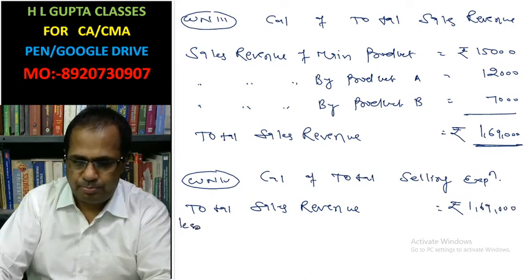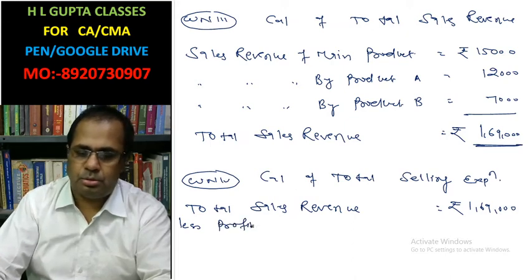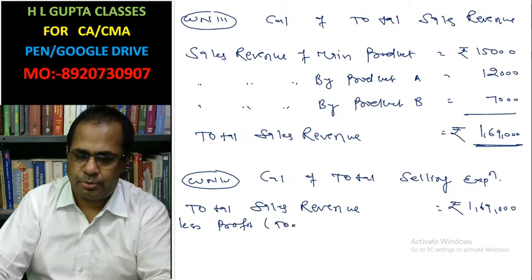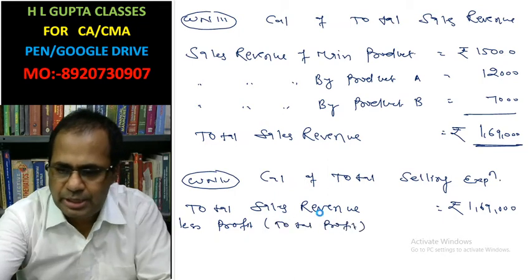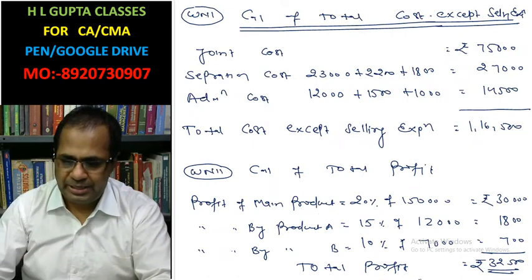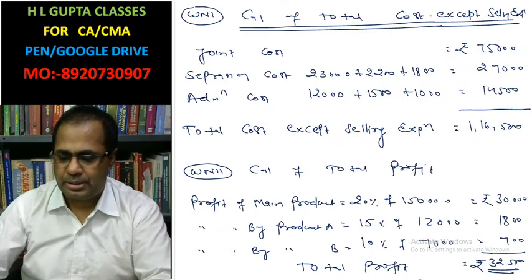Less profit. This is the total profit I am going to subtract. Total profit is calculated here. Total profit is 32,500 here.